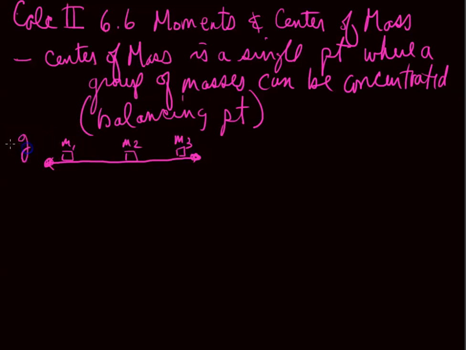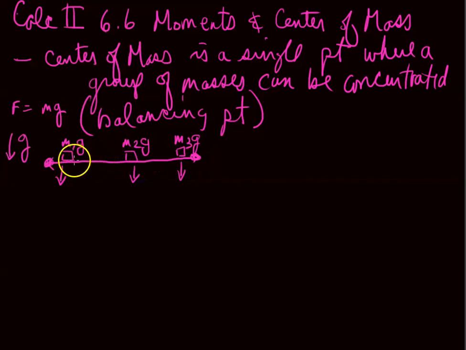Because of gravity, and we'll say gravity is pulling down, each of these has gravity affecting it, and mass times gravity is a force. So each of these is pushing down, so to speak, on all of this.